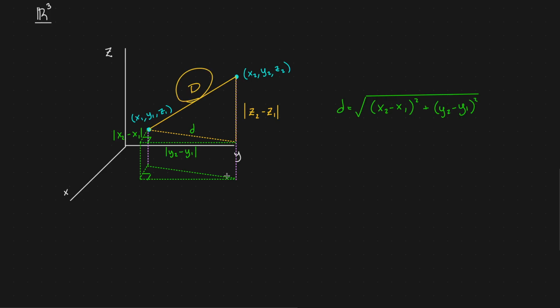And I could also see big D, again using the Pythagorean theorem. And let me emphasize this is a right triangle here. Big D is the square root of one leg squared, so that's little d squared, plus the other leg squared. The other leg has length z2 minus z1 squared.